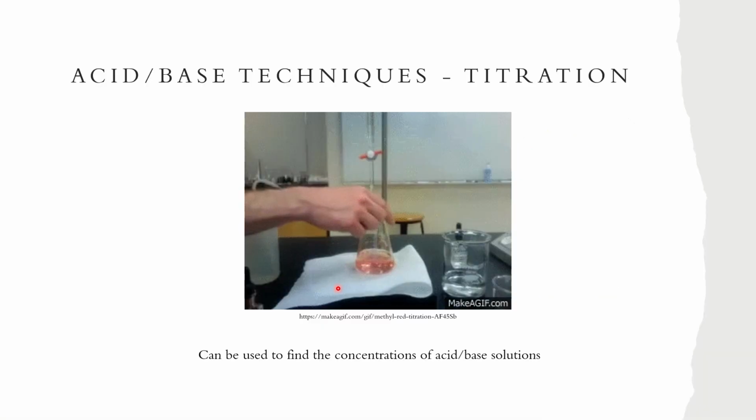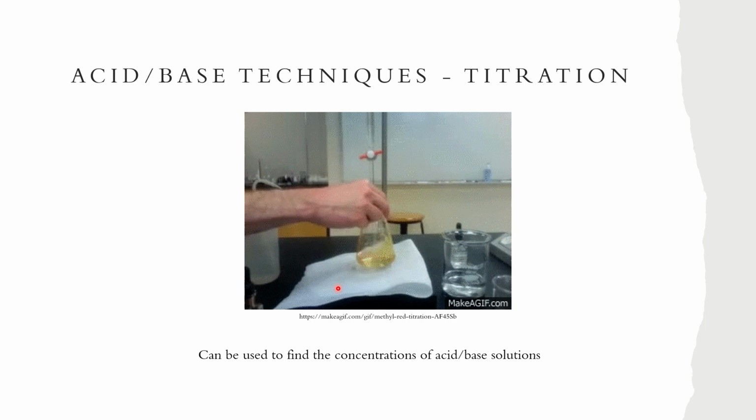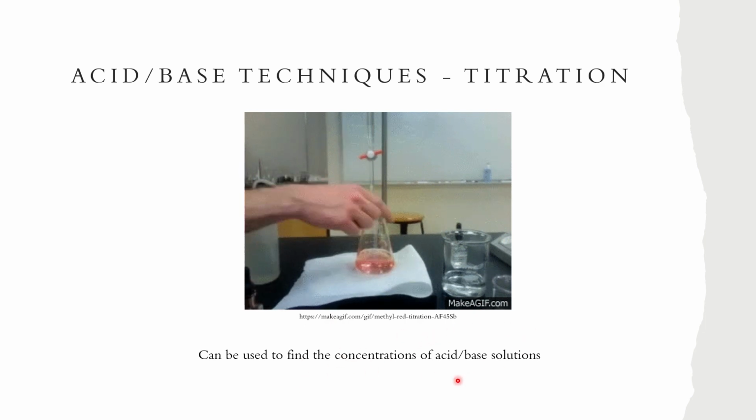Let's get into it. Now, the most common acid-base reaction that we have and use and see the most would be neutralization. And there's a technique that we can use called titration, which really takes advantage of that particular reaction. We can combine an acid and a base together to be able to determine the concentration of an acid or base we don't know the concentration of already.